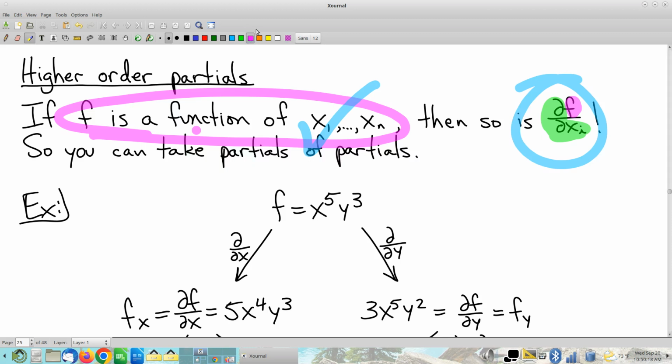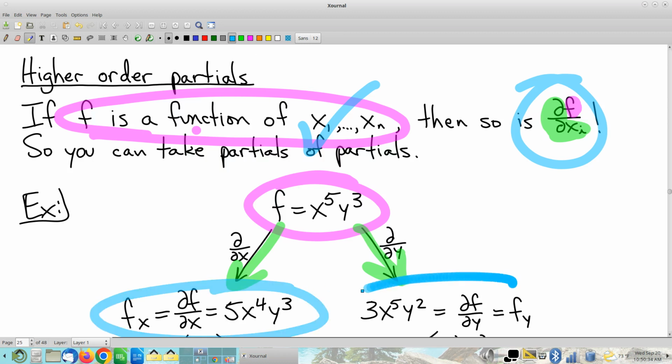Here is a multivariable function of x and y, and check it out. When I take its various partials, I'm going to take the x partial, let's take the y partial, work out the numbers, y'all can do that. Notice that these partial derivatives are also functions of the same variables x and y. I mean, it stands to reason, doesn't it? Everybody okay with that innocent observation?